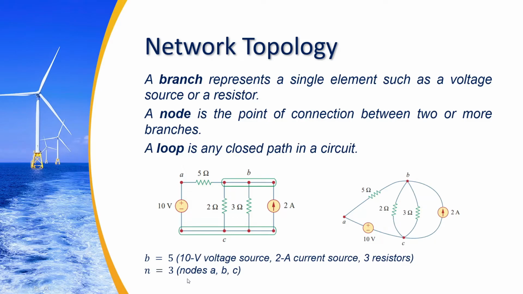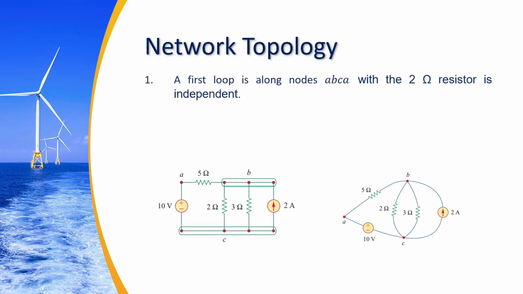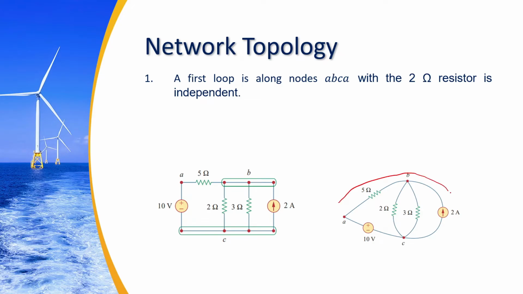So, how about the loops? We have 3 loops. This is how we get the loops. The first loop is along nodes A, B, C, A, with the 2 ohm resistor being independent. So, we loop from A, B, C, and back to A. This is the first loop.